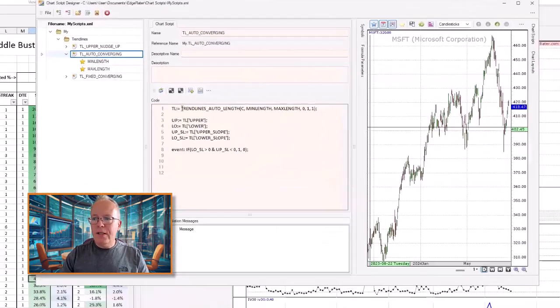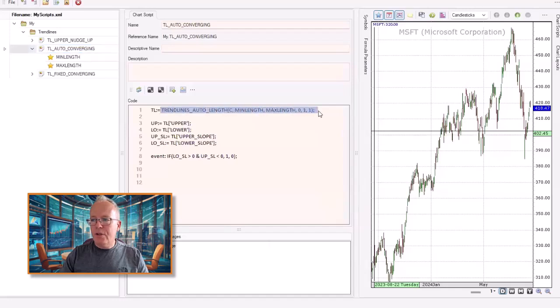Essentially, there's a call into EdgeRater, into the main core code for the pattern recognition. It's called Trendlines auto length. That gets you back the actual trend line. And then the trend line's got a bunch of parameters with it. One of them is the upper line, one's the lower line, and one's the upper slope and one's the lower slope.